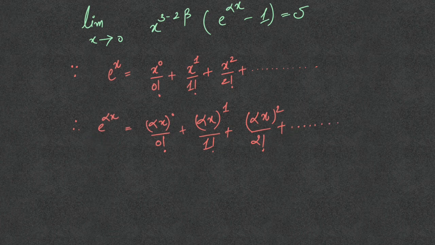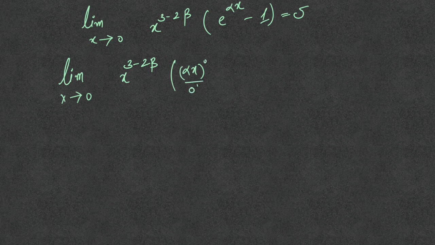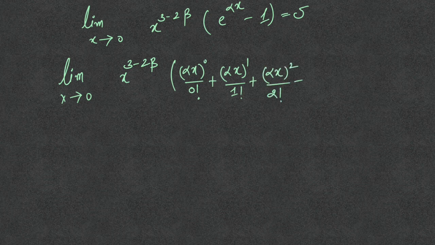Using this expansion here, limit x tends to 0, x to the power 3 minus 2 beta into (alpha x to the power 0 upon 0 factorial plus alpha x power 1 upon 1 factorial plus alpha x power 2 upon 2 factorial plus so on minus 1) equal to 5.